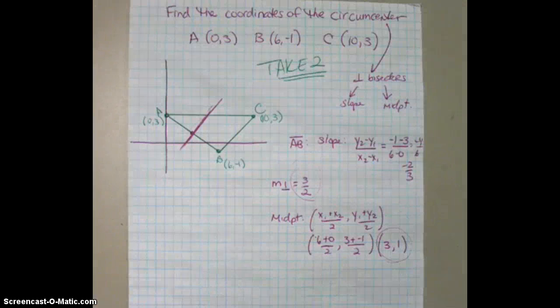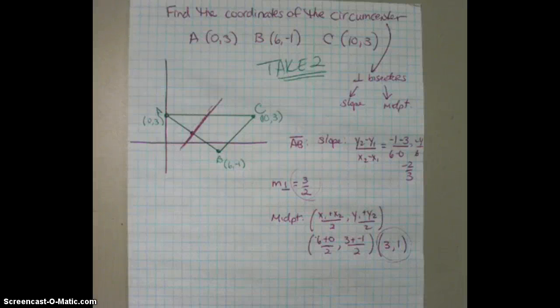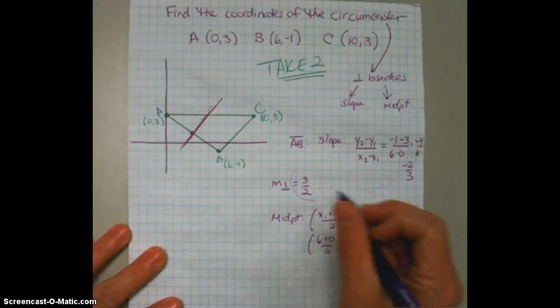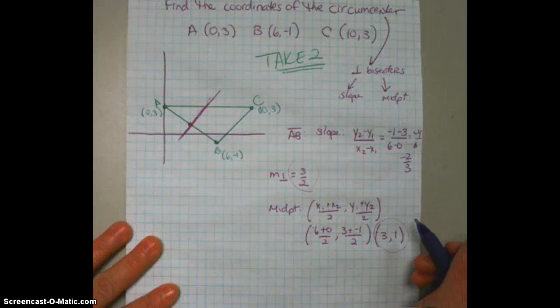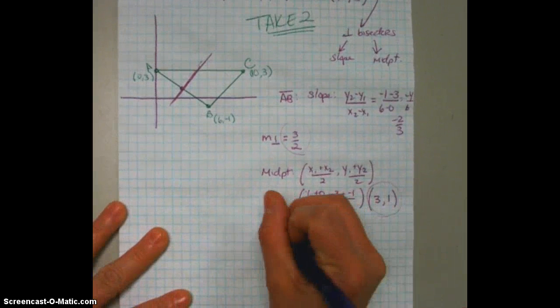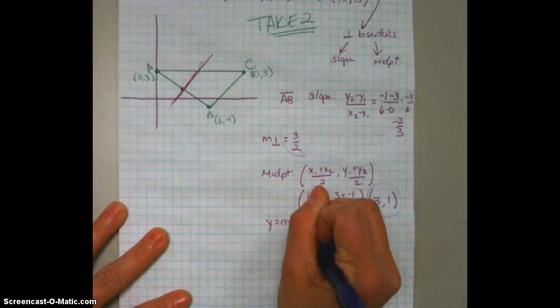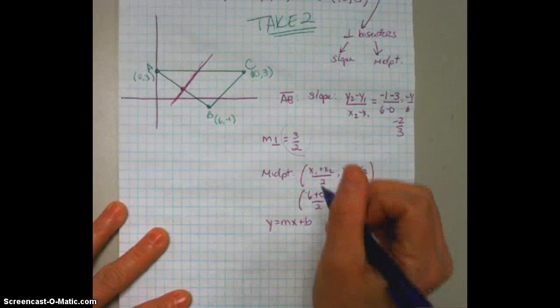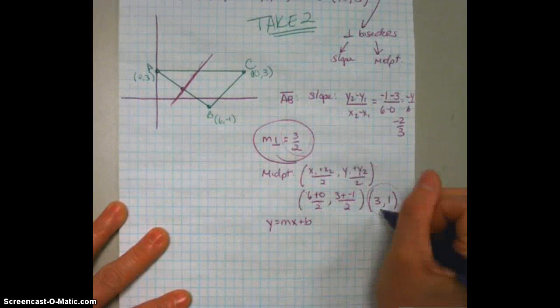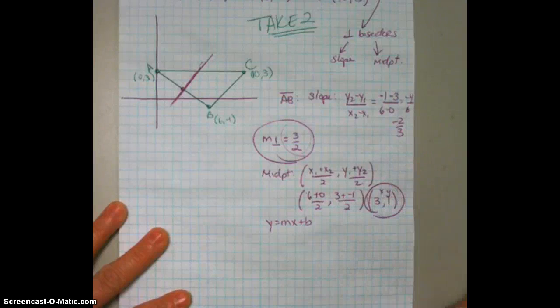We need to find the circumcenter, which is an intersection of lines, and that comes from having two linear equations, a system. So I need to come up with an equation of this perpendicular bisector. So we're going to look at slope-intercept form, y equals mx plus b, where m comes from our slope and x and y come from the midpoint.